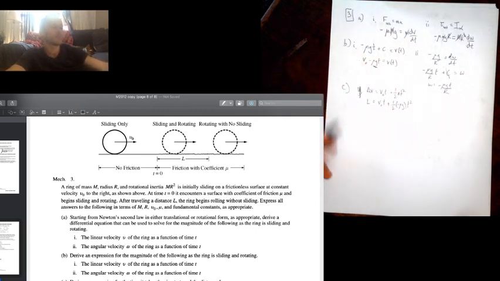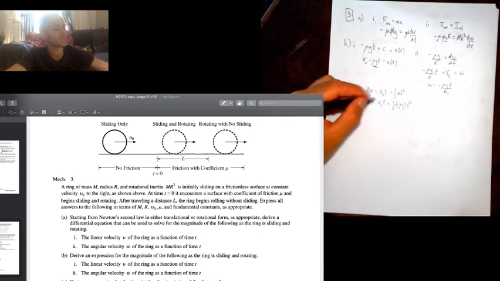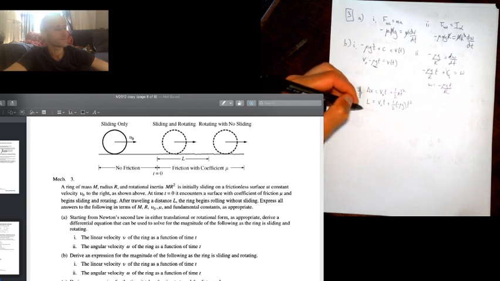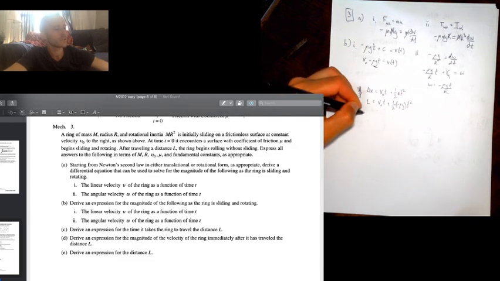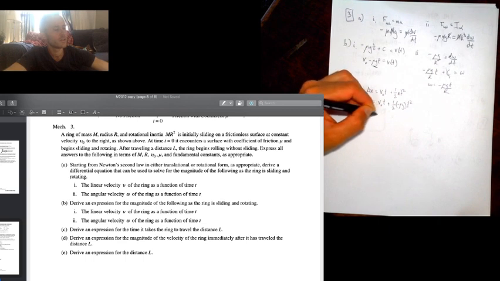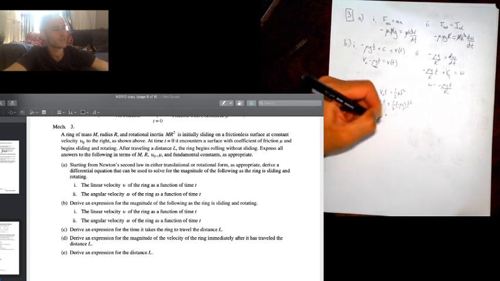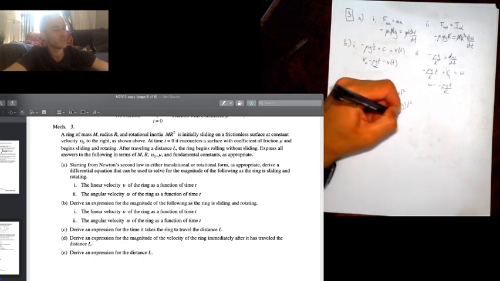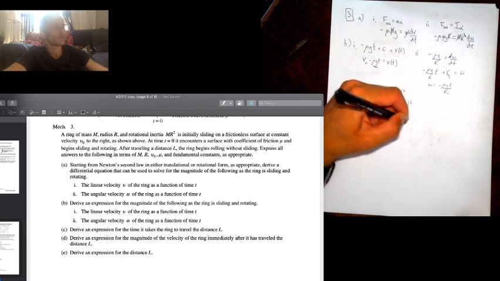So we have to solve this quadratic equation. This says 0 equals minus L plus v naught t minus mu g over 2 t squared.